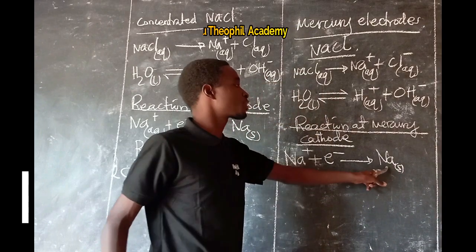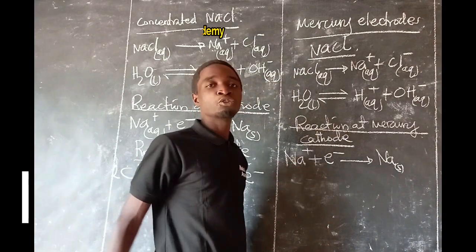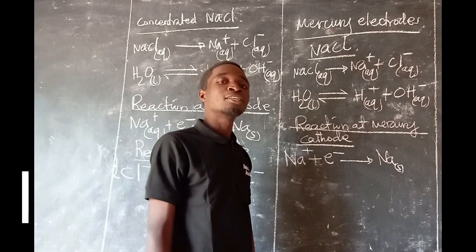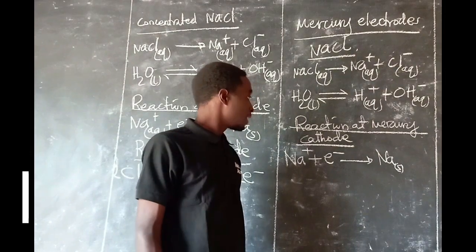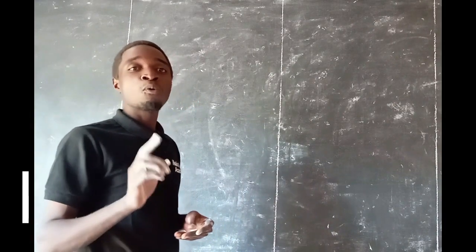This sodium metal is going to combine with the mercury to make sodium amalgam. We have seen the electrolysis of sodium chloride when the mercury cathode is used.